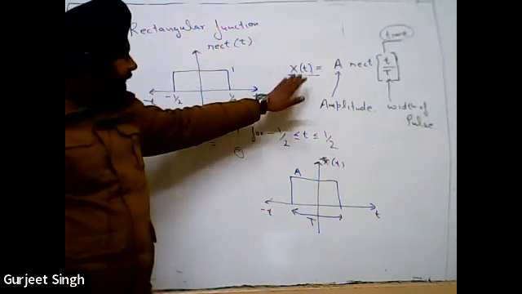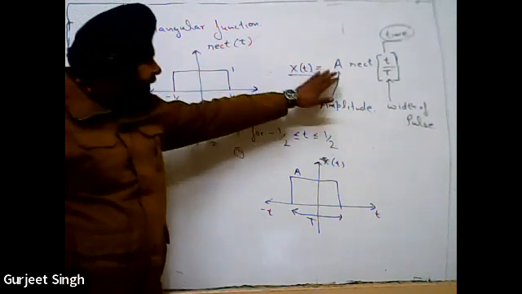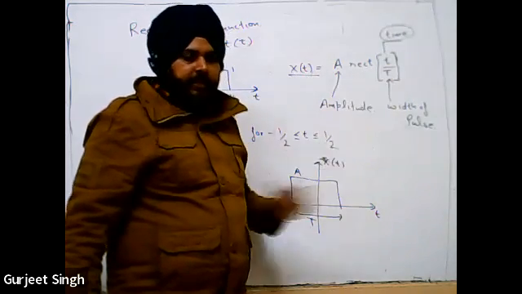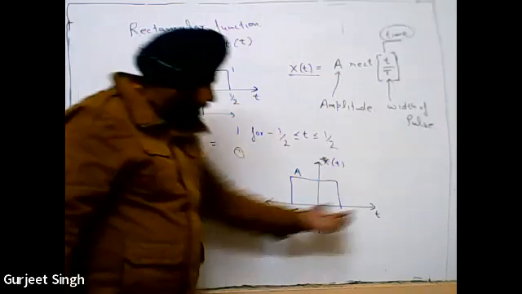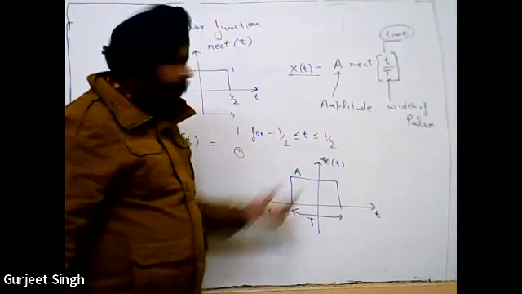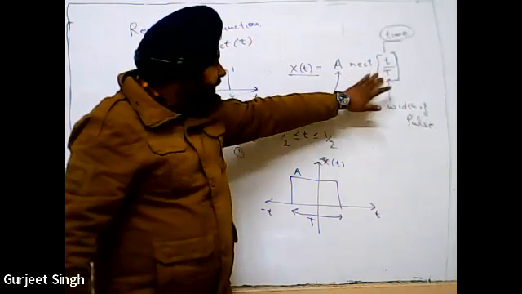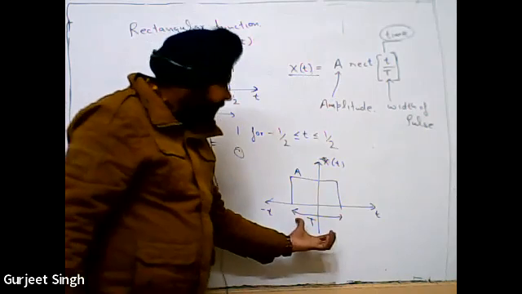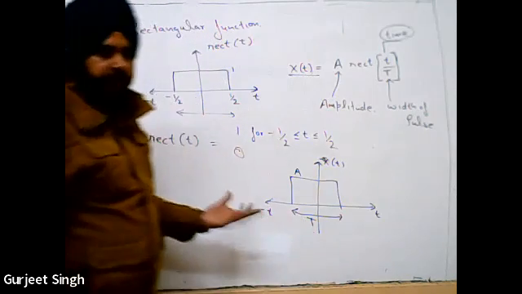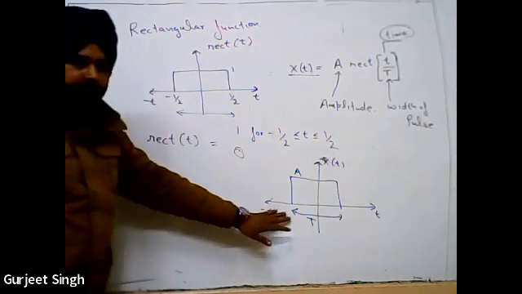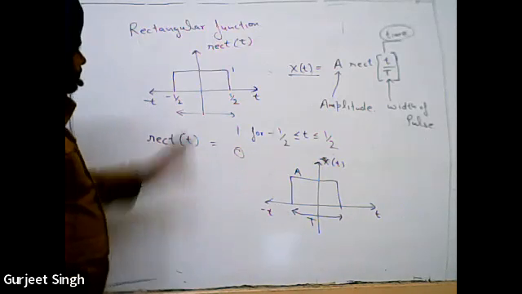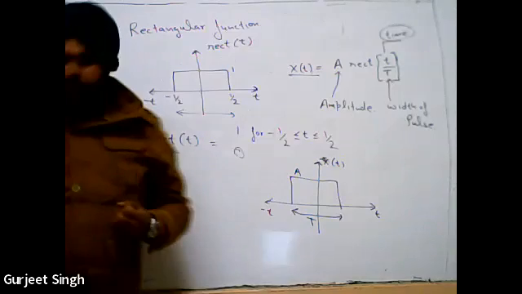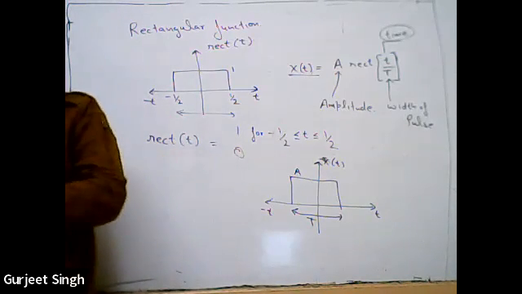We have taken x(t) as the function, A as the amplitude, small t representing the x-axis, and capital T representing the width of the pulse. So this is the basic rectangular function that we are using in signals and systems.